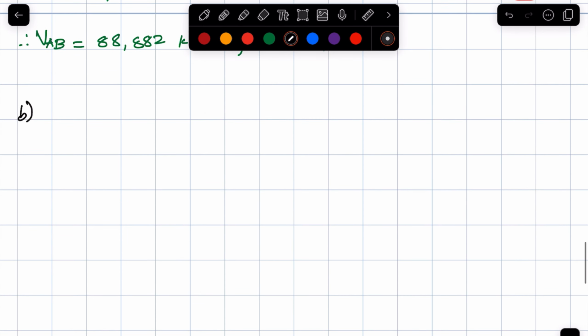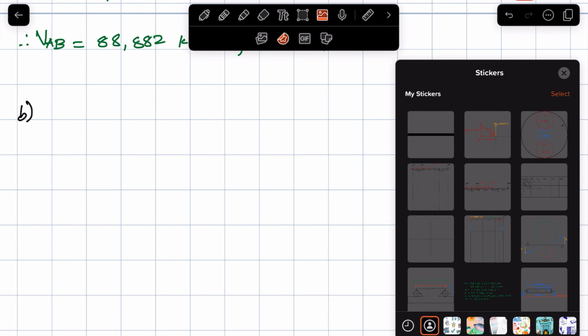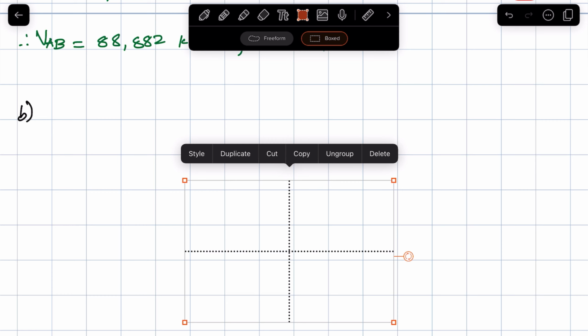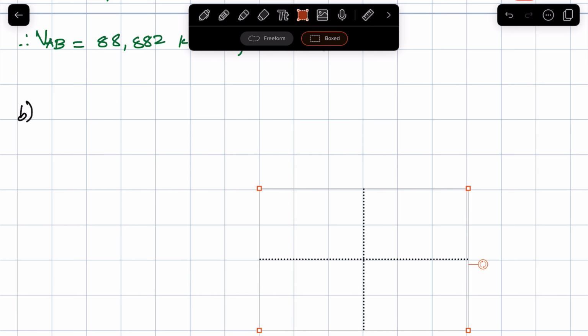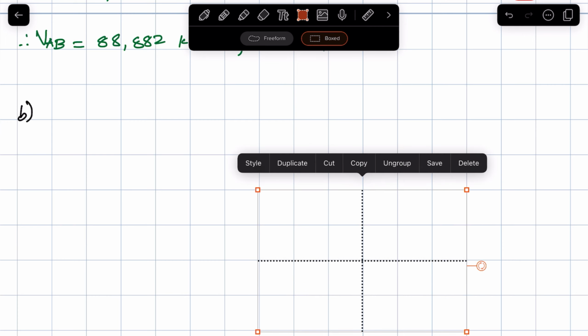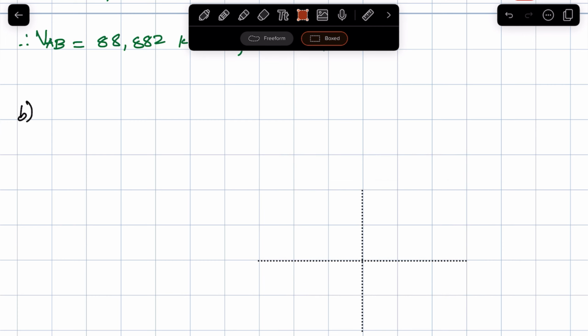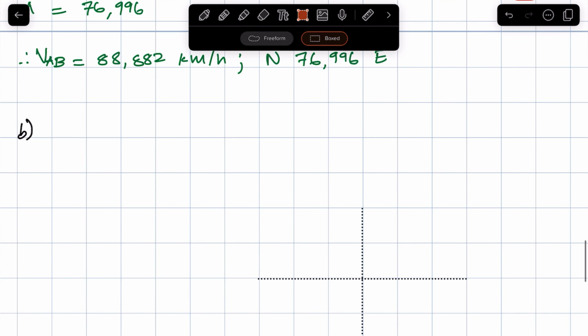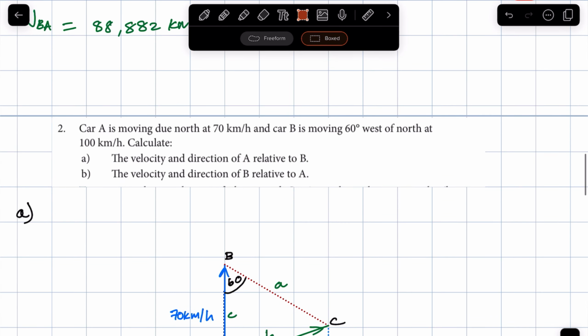So let's draw up our Cartesian plane. Remember, B is now the object, and A is the frame of reference.